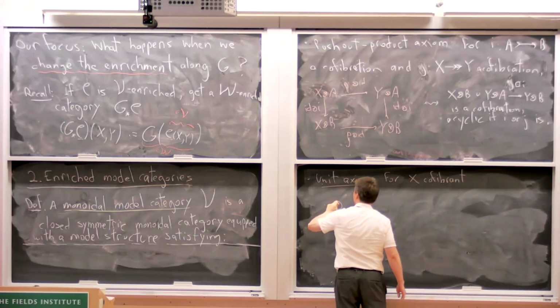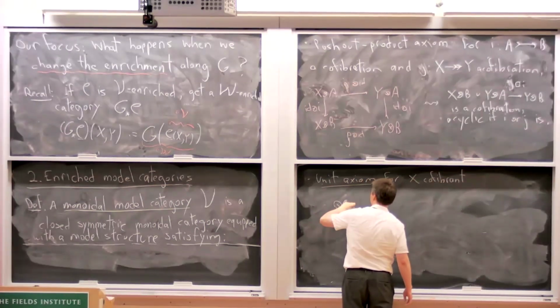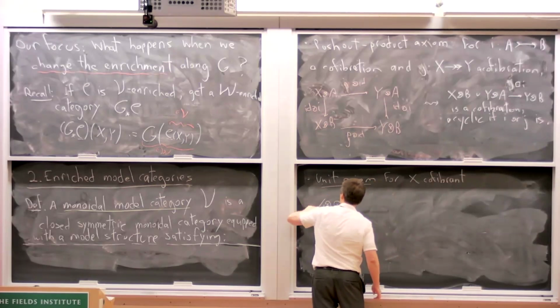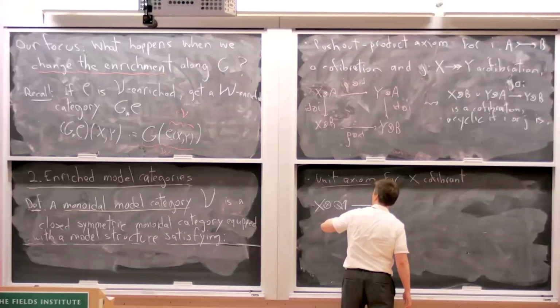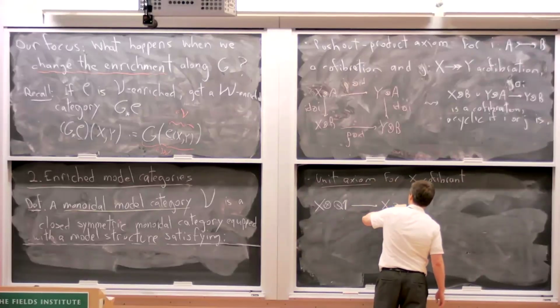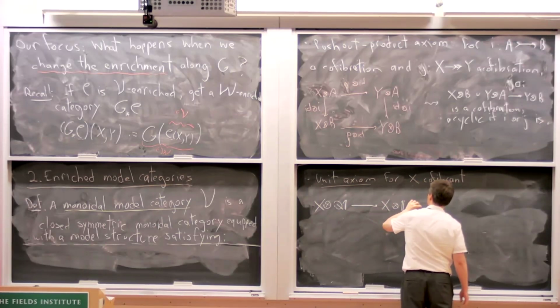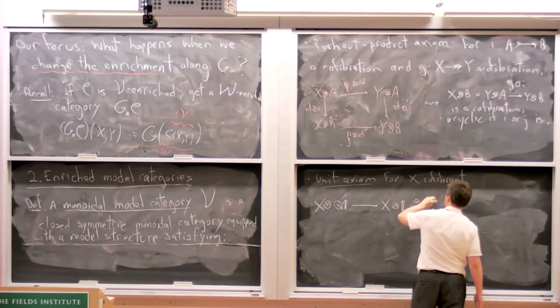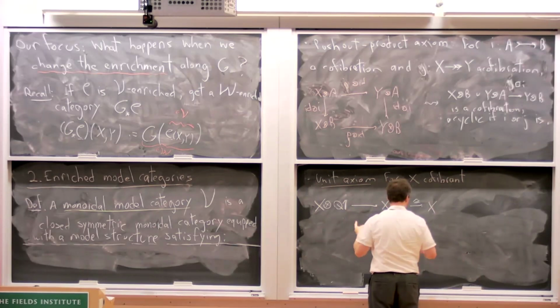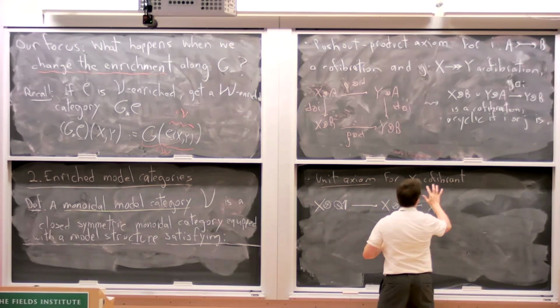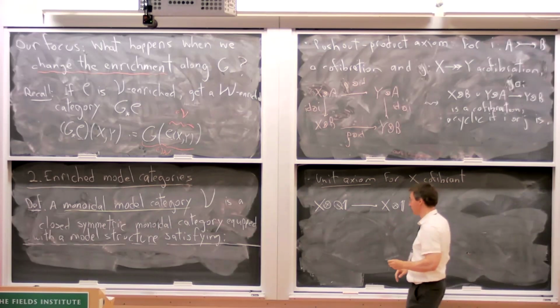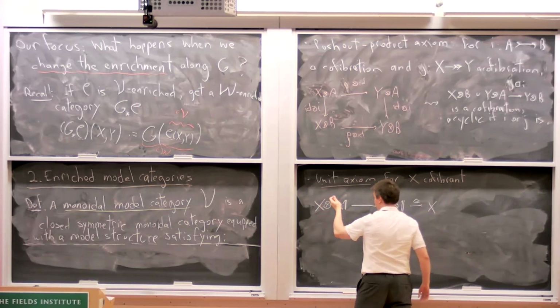If you tensor with a cofibrant replacement of the tensor unit, that should be a weak equivalence. Well, X is cofibrant, so this is homotopically meaningful.